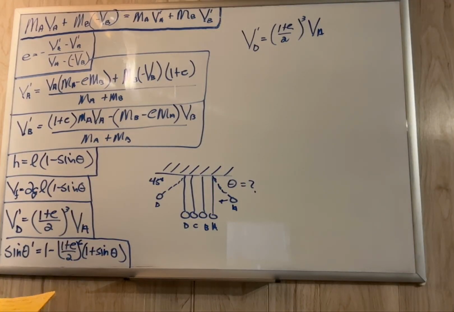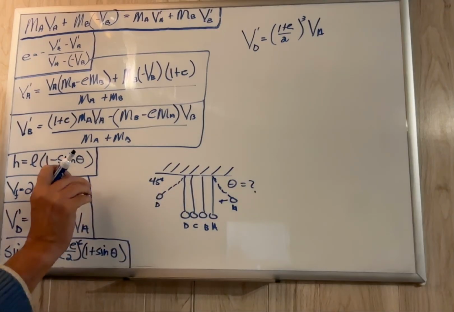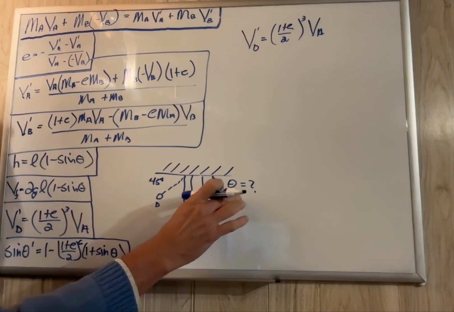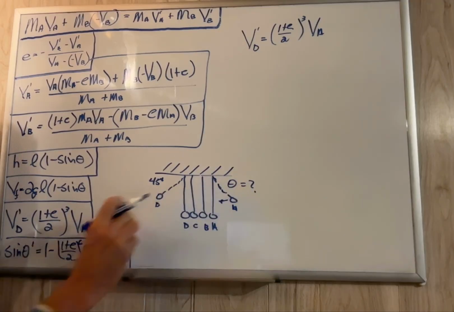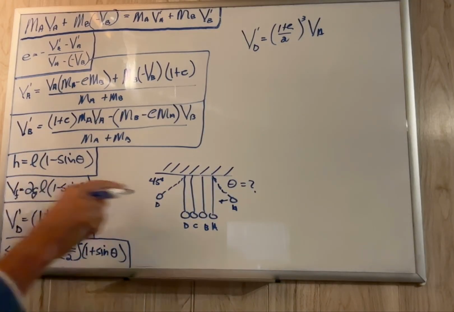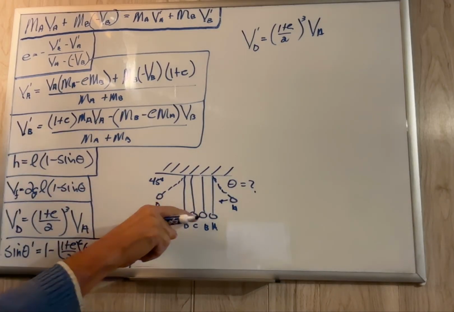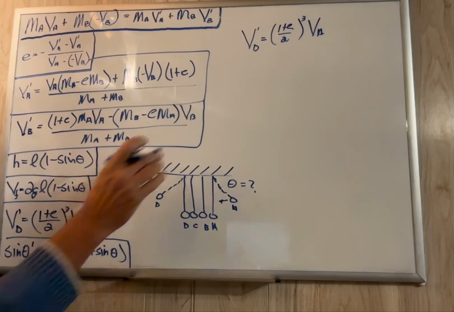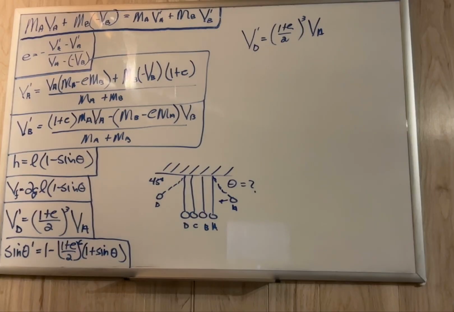So let's just say that we pull this ball back, it gets 45 degrees, and we notice that there's a 10% loss in velocity. I don't care how you do it, with a laser or with a radar, or whatever the case may be. If you can figure out this velocity, you know that this velocity D is 10% less.